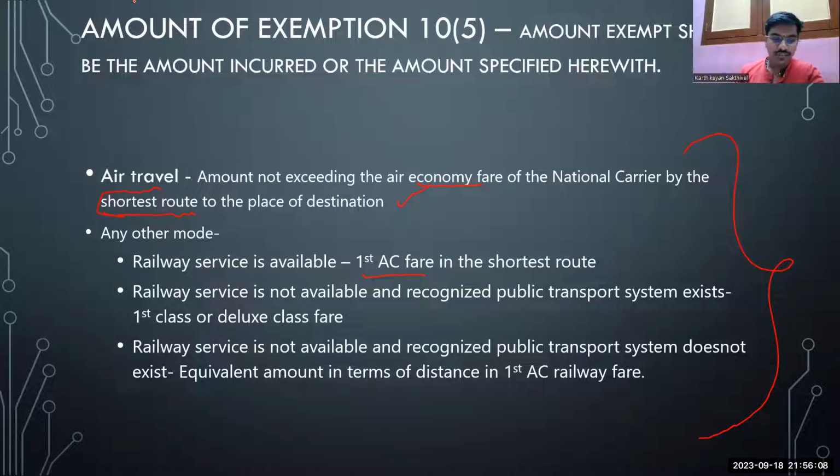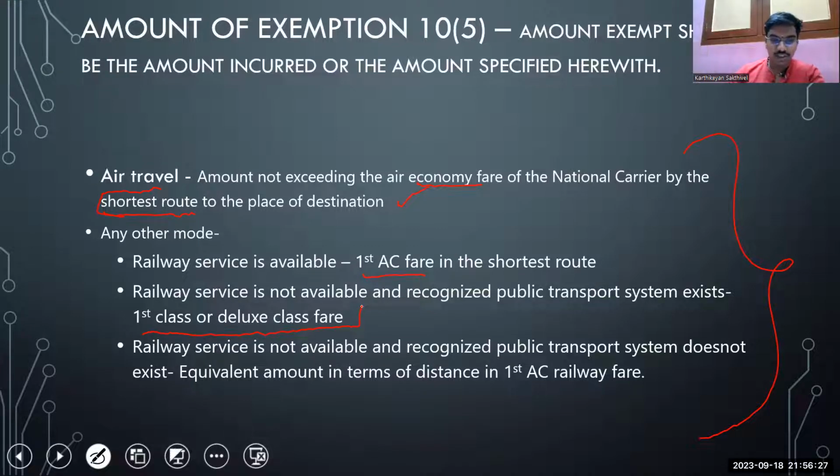So அதுல போறப்ப first class or deluxe class fare can be used. Okay வா? So if there is a railway service available, you take the first class AC fare. If railway service is not available and a recognized public transport system exists, first class or deluxe fare can be taken.